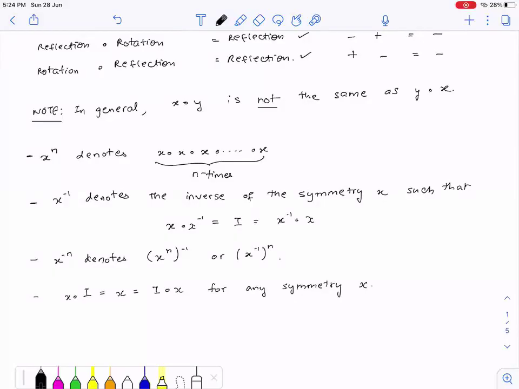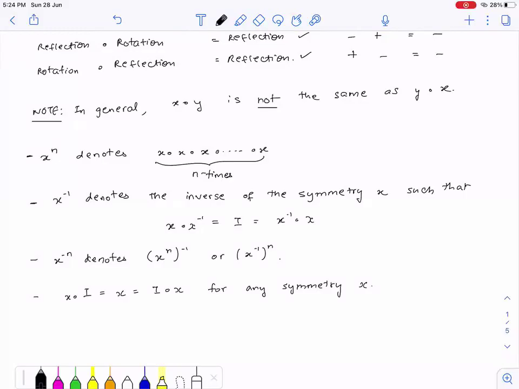So an inverse of a transformation is another transformation which, when applied on top of the previous one, gives you the original figure back.